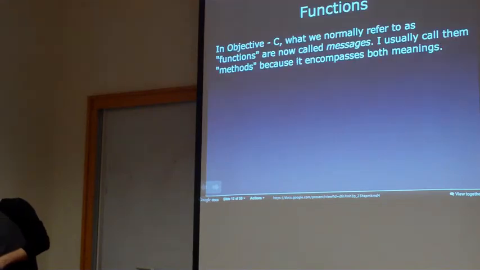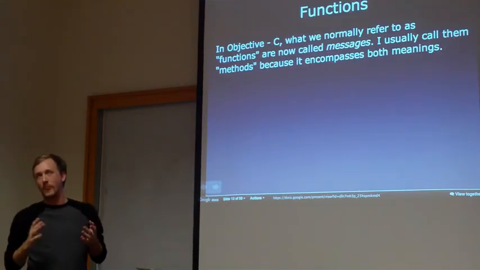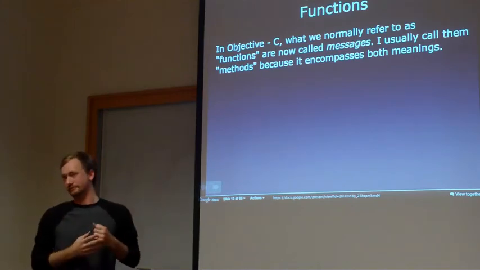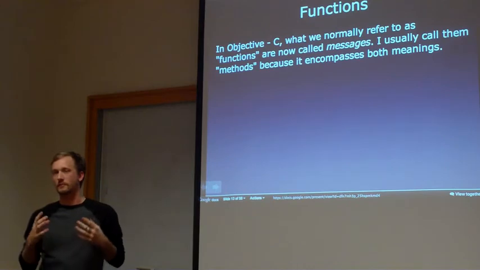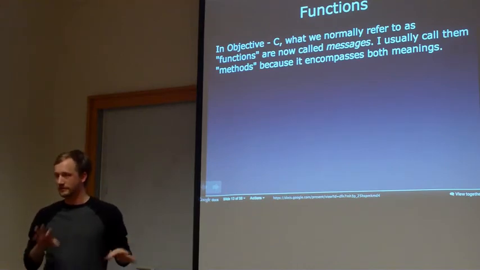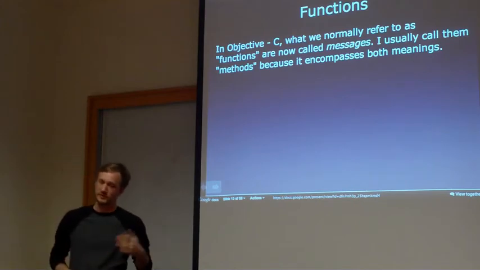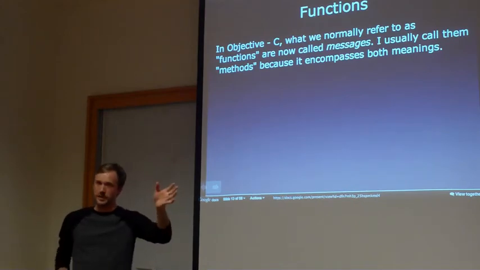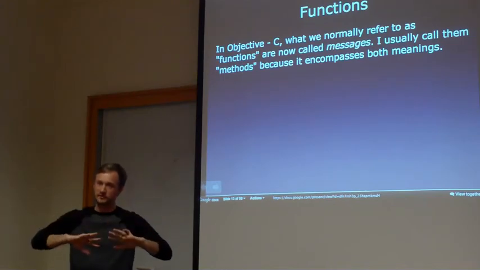So some of our best practices. Functions. Functions are different. We don't really call them functions in Objective-C. We always want to call them messages. I call them methods because it's kind of right in between. The reason we call them messages is because you have an object and you want it to perform a task. So you send a message to that object.